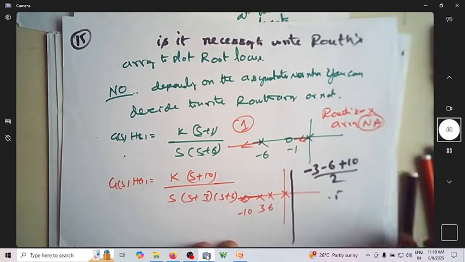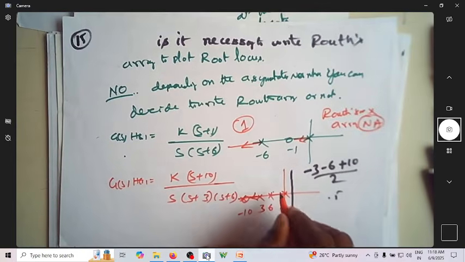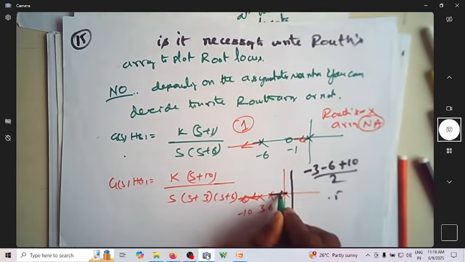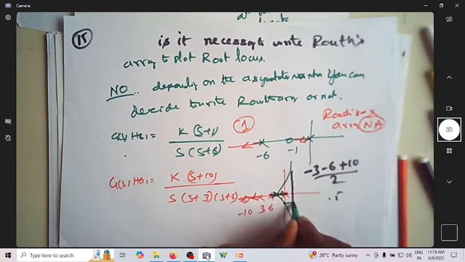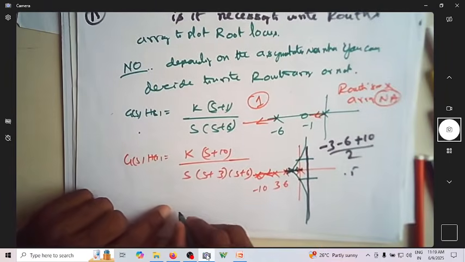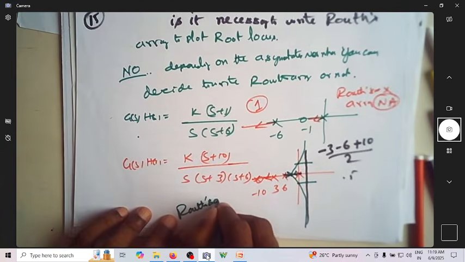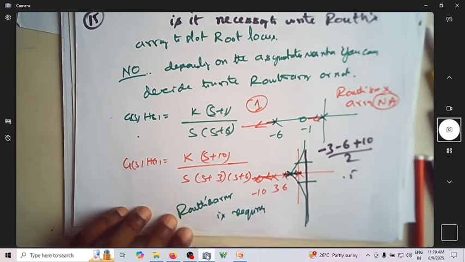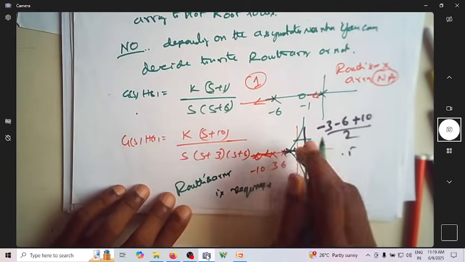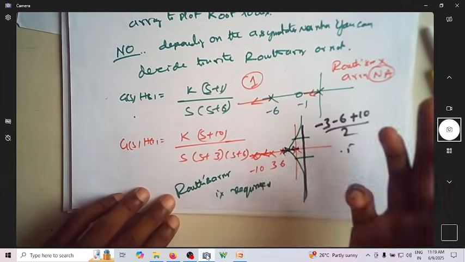When it is 0.5, this settles here and this is going in the opposite direction. It actually goes like this. So you need the Routh array. It's required here because it is crossing the imaginary axis.